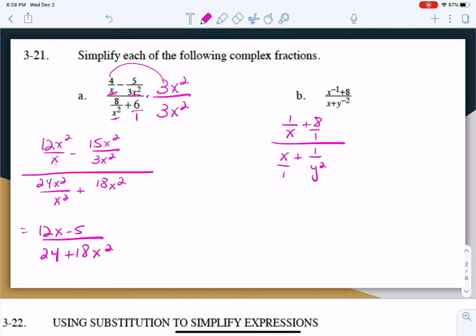So x and a 1 and a y squared. So my common denominator is xy squared. And I can always multiply by a big 1. So I can multiply the numerator and the denominator by xy squared.